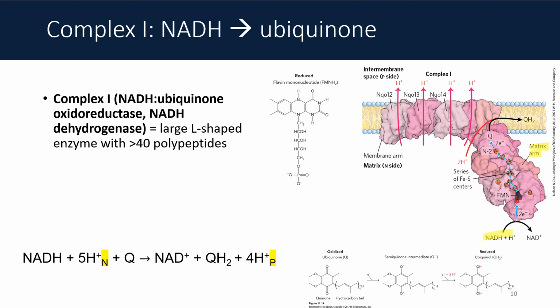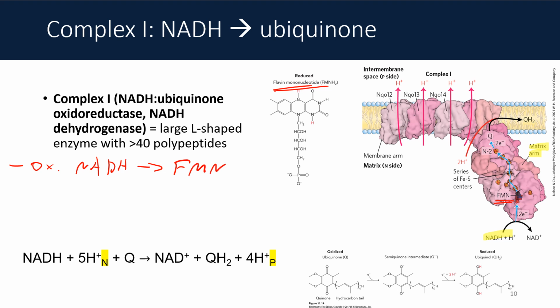The electrons that we take from NADH get relayed to an FMN group, flavin mononucleotide.